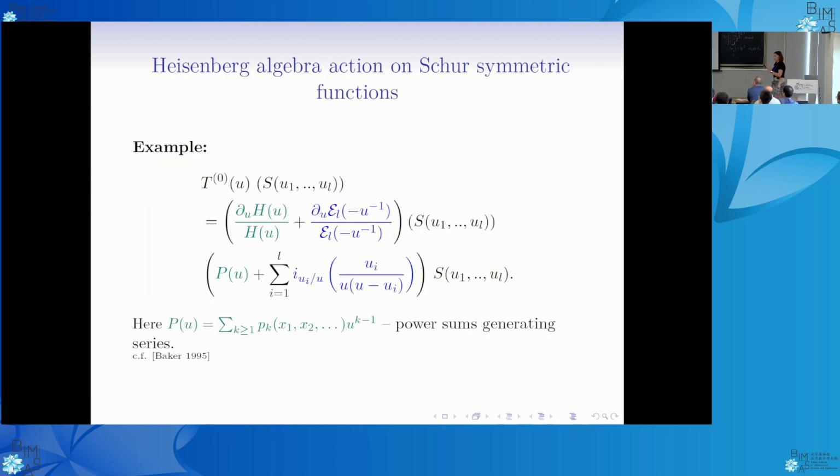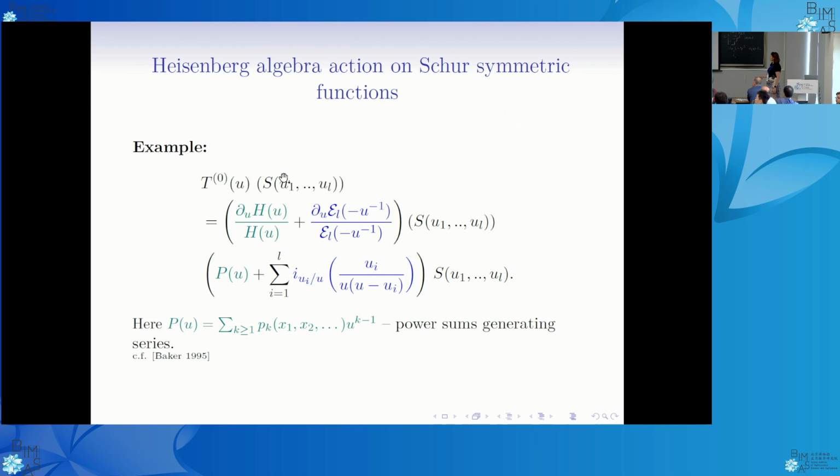So let me show you an example of what happens with this formula when we just look at the action of the Heisenberg algebra, which is understood from different points of view, so we can connect it with our knowledge of other things. T0 of u is the generating function for generators of the Heisenberg algebra. So the formula in this case is going to be the sum of two logarithmic derivatives.